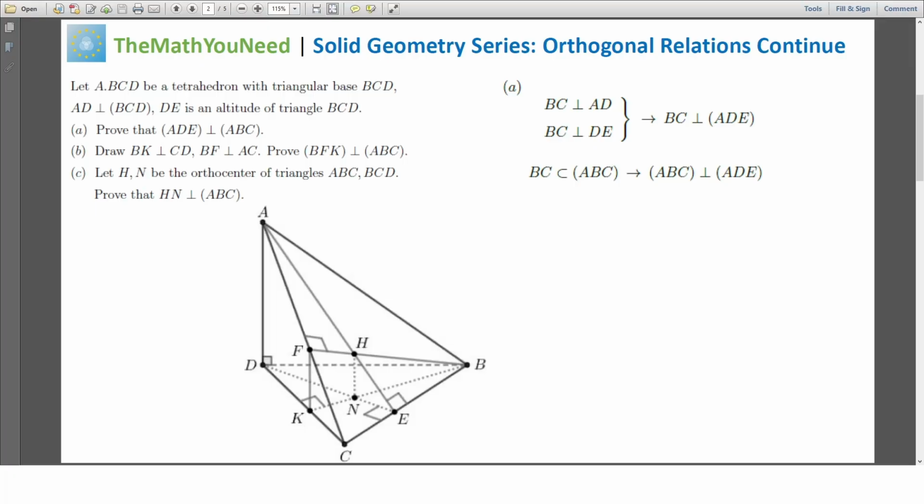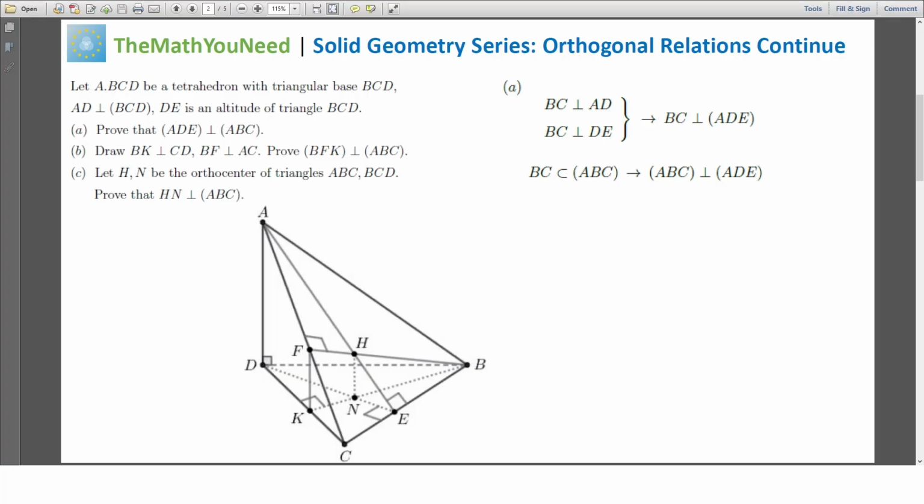Part A. We are given AD is perpendicular to the base plane BCD. So that means BC is perpendicular to AD. In addition, BC is also perpendicular to DE because DE is an altitude of triangle BCD.